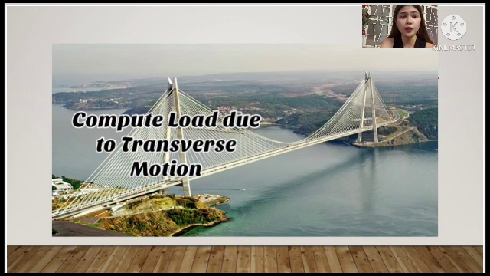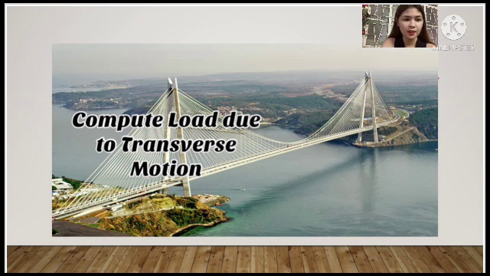Compute load due to transverse motion. The computation of the load due to transverse motion is similar. For the sake of brevity, we will skip the hand computation of this value. Note that half of the force from the end span and half of the force from the center span will act on the tie column. So, assume all bearings are fixed transversely.